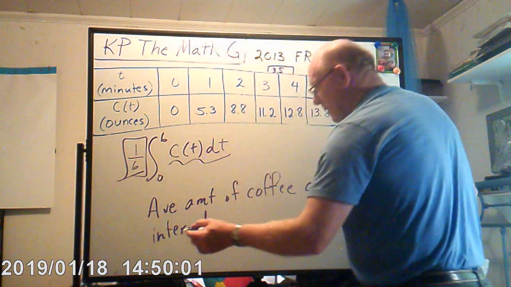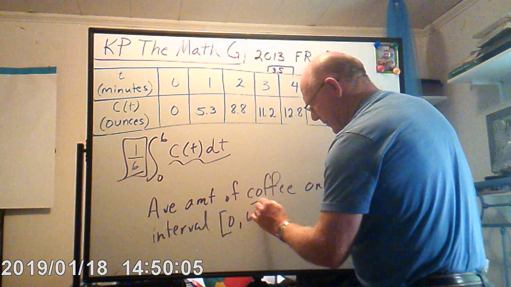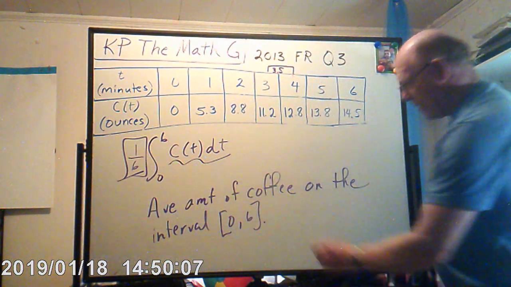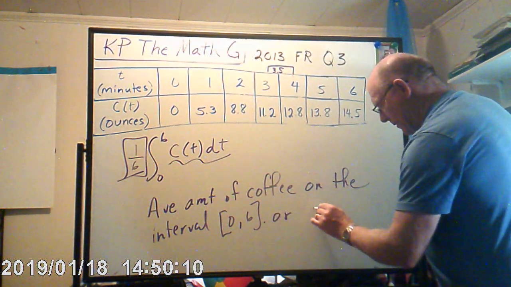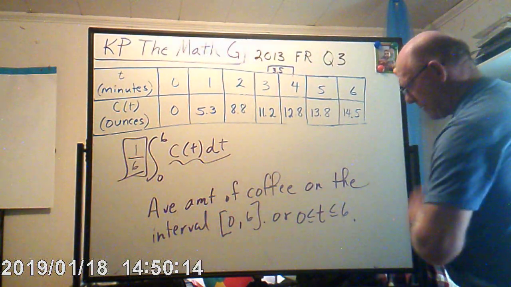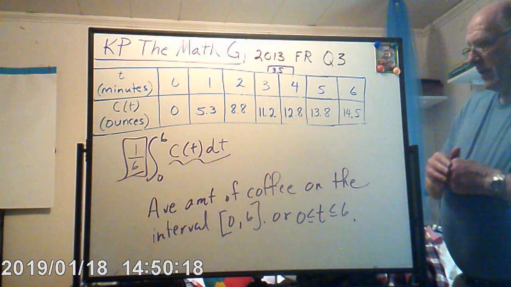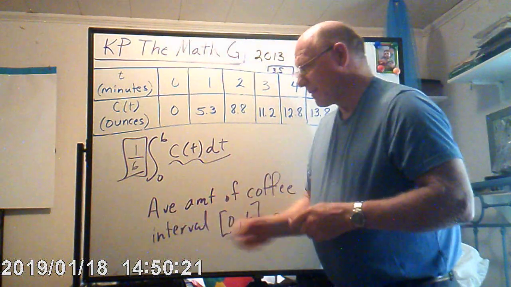Now remember, you can write an interval like this if you want to, or you can write an interval like this and put the equal sign between there. Either way is fine. It's average though.